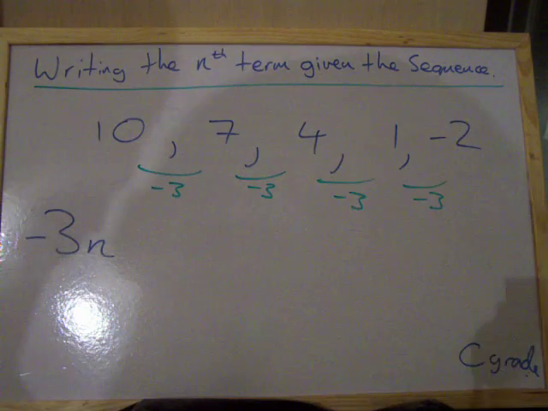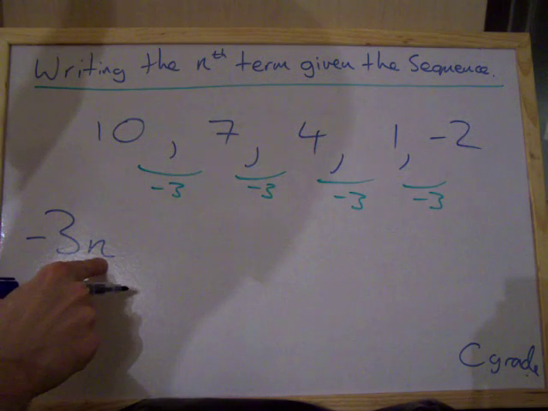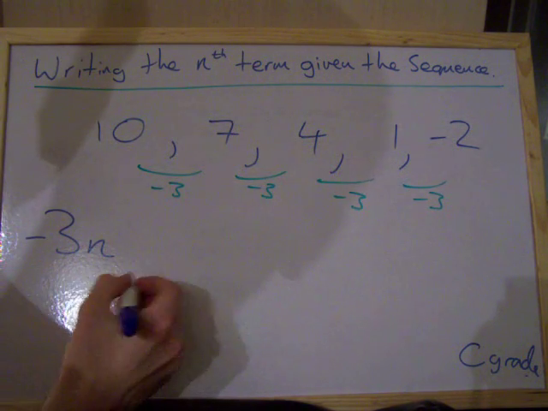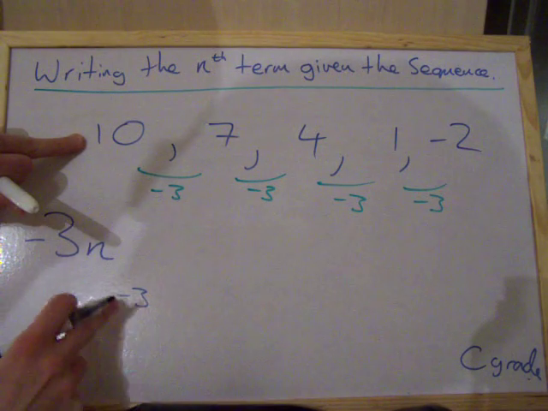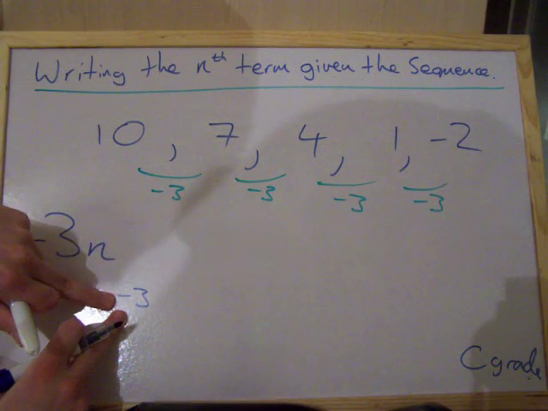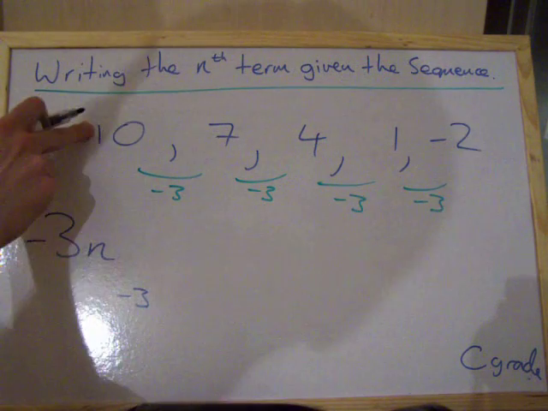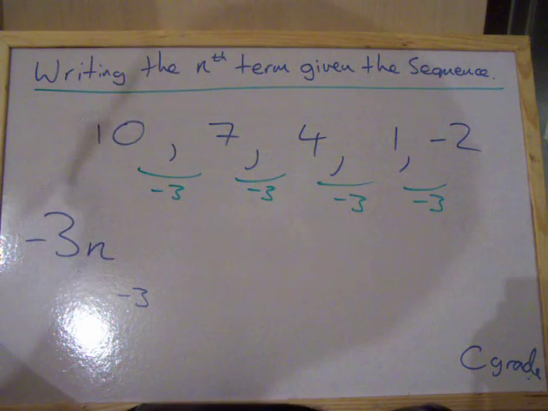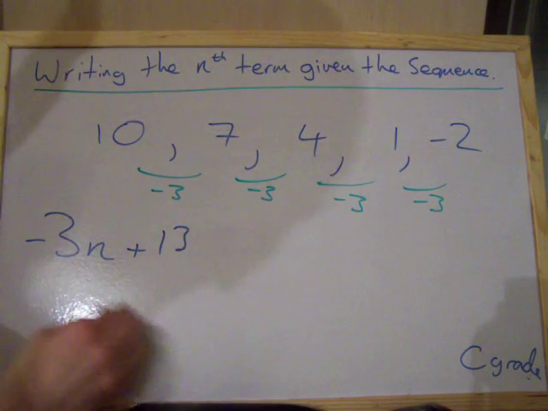That's going to go down by 3 every time. Minus 3n should start with minus 3 lots of 1, which is minus 3. It should start with minus 3, but it starts with 10. That's way bigger. In fact, I've got to add 3 just to get to 0, then another 10. So I have to add 13 to start my sequence at 10.